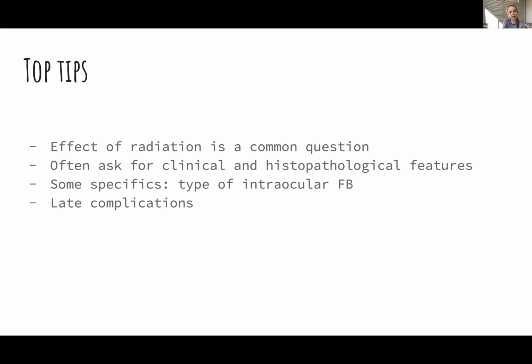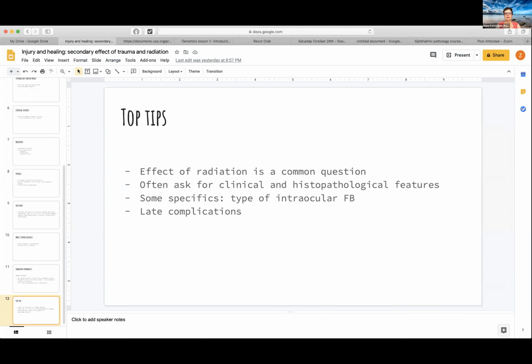And that's all. That's really great, Zia. So one of the messages I'm getting out of this is that when answering these kinds of questions, you need to think about the framework that you're going to answer them in. When people ask about clinical and histopathologic features, often in these questions, by clinical they mean what you see. I'm holding up an imaginary ophthalmoscope here, but probably you're more likely to use other instruments these days.